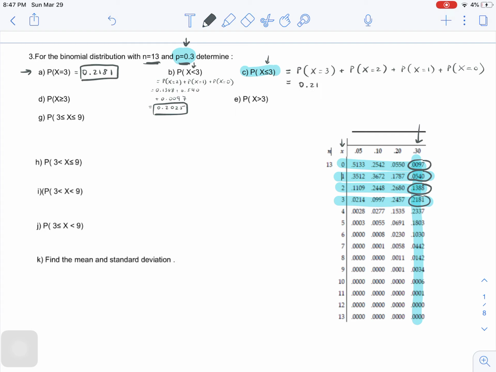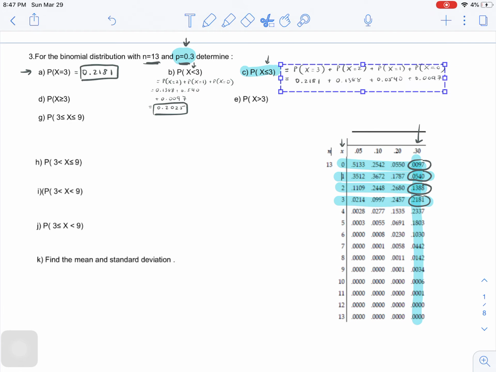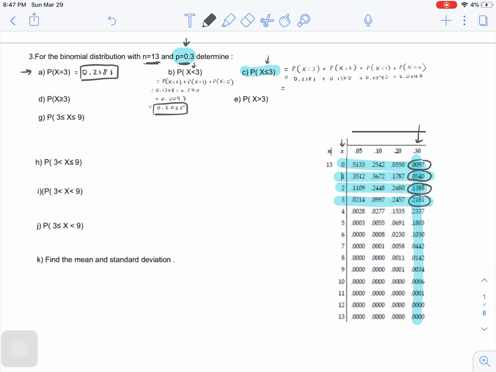So this is 0.2181 plus all the other probabilities, 0.1388 plus 0.0540 plus 0.0097. If I add all of these up, plug this into my calculator, I should get 0.4206.